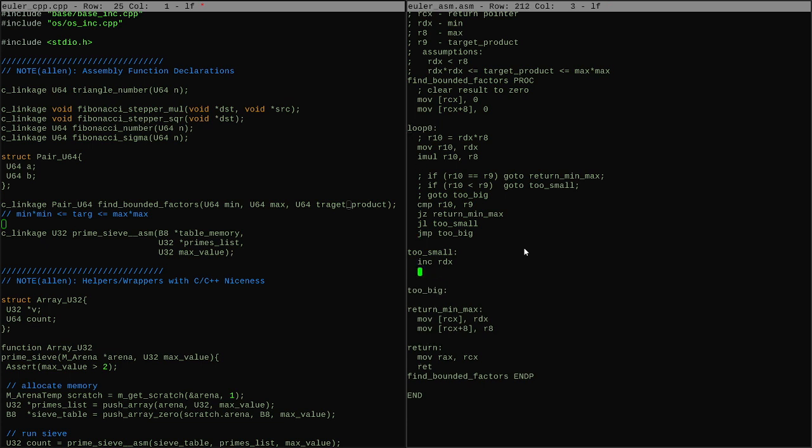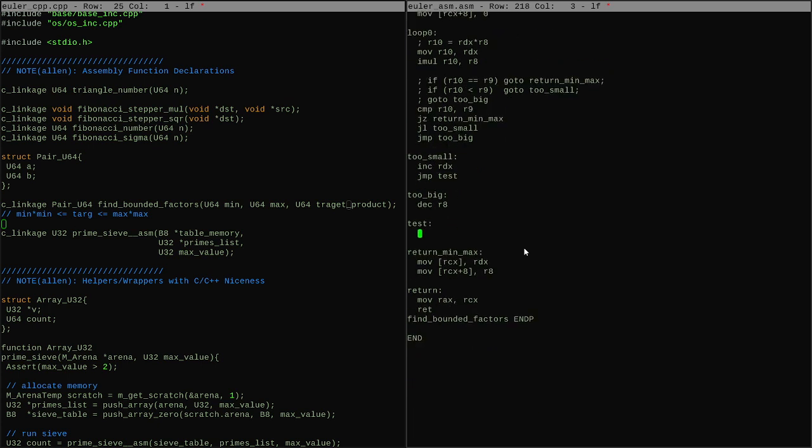We'll have go to test. This will be dec R8. And then here we'll have test, which will go like this.